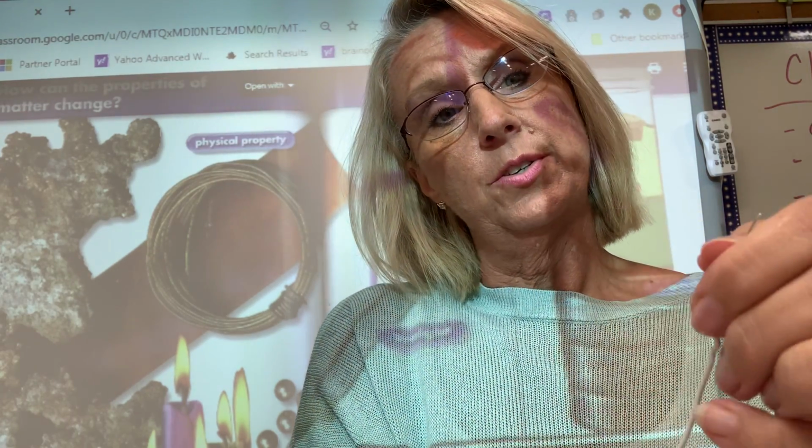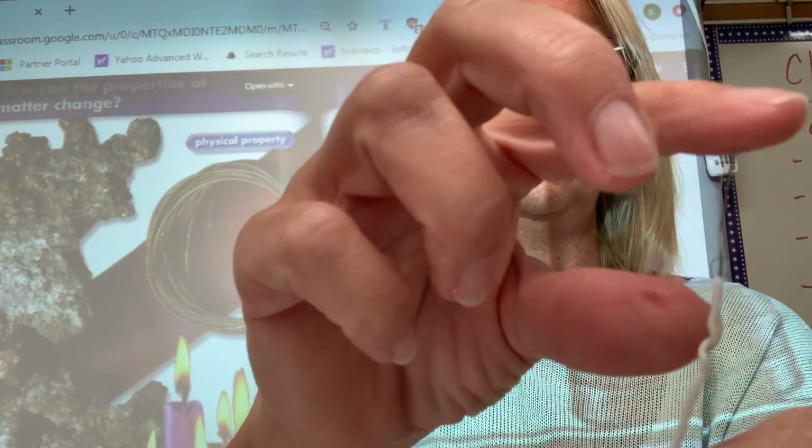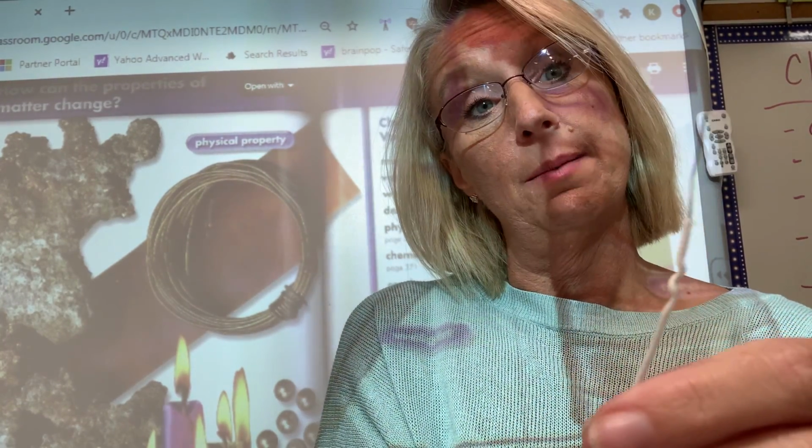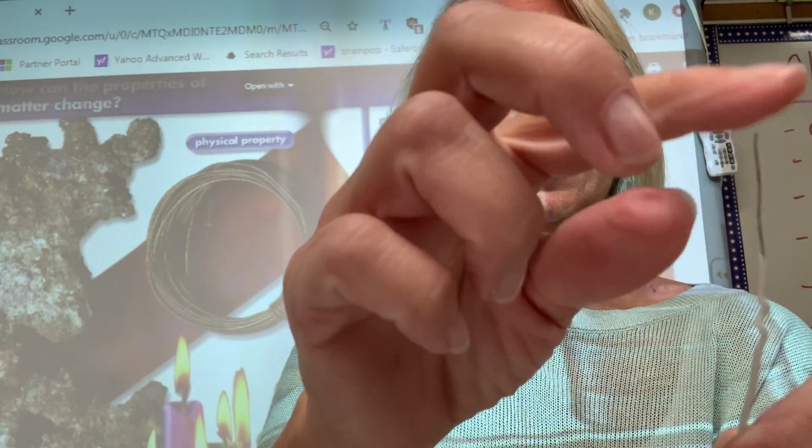But I took my scissors and I took the waxy cover off. Now what I have, if I'm going to say what can be seen, is a silver metal material that has a sharp point. These are the physical properties.